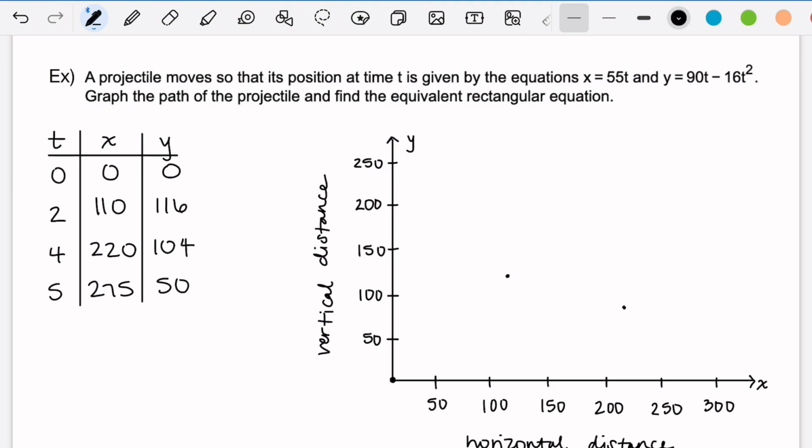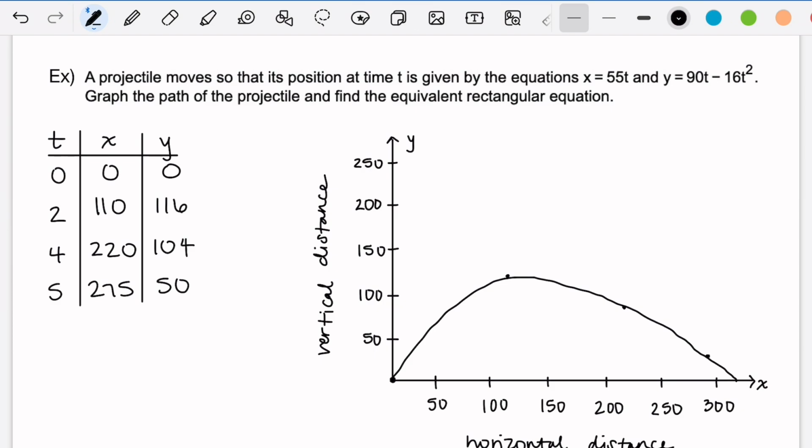And then when our horizontal distance is 275, our vertical is going to be 50. So right about here. All right, so the path of the projectile kind of takes this path here before hitting the ground somewhere over there.